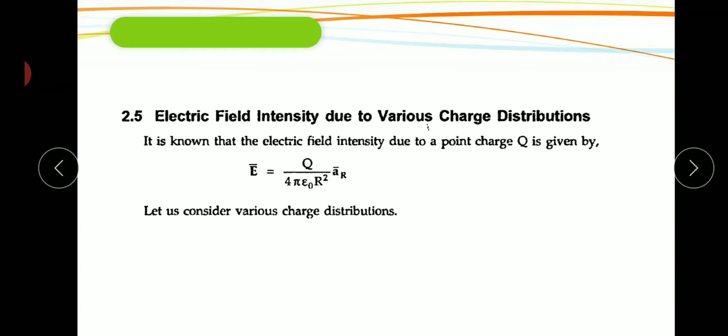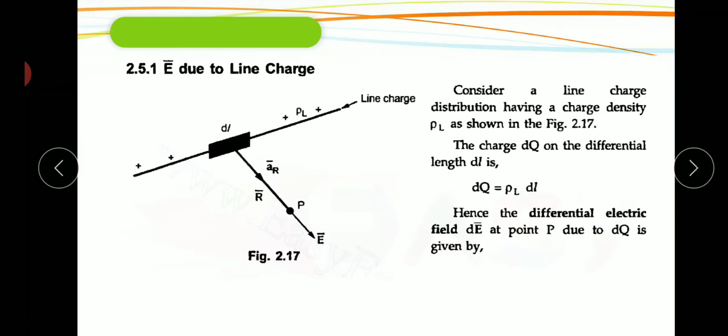Here is the expression for electric field intensity due to a point charge. That is, E bar is equal to Q by 4 pi epsilon naught R square AR bar. Now, electric field intensity due to a line charge.